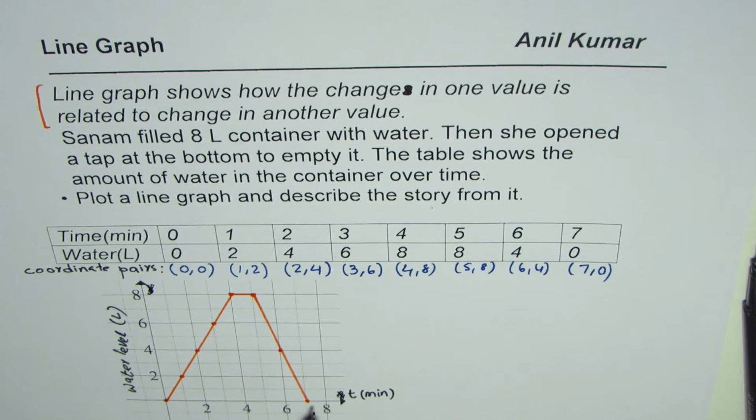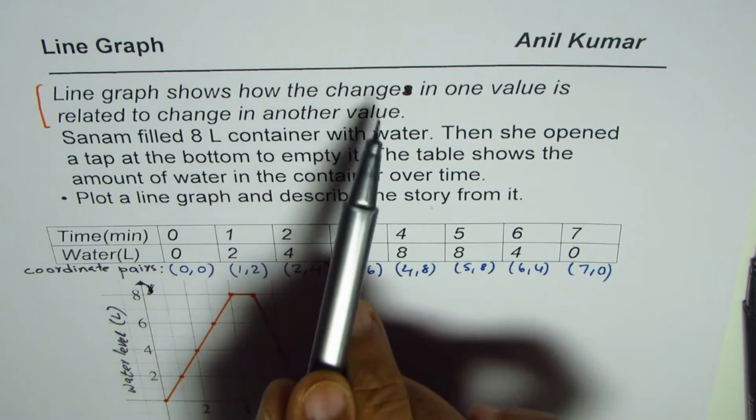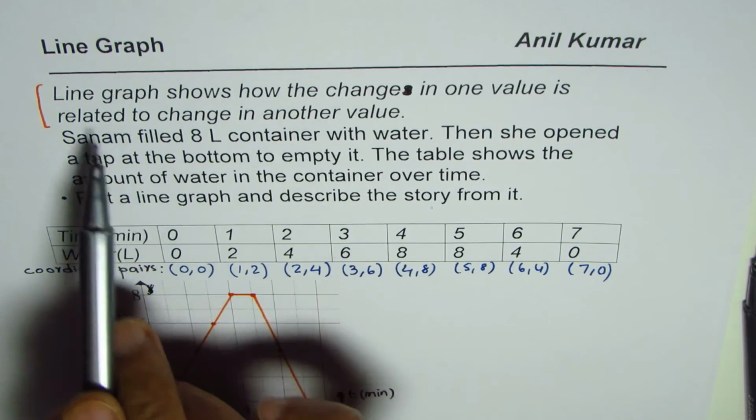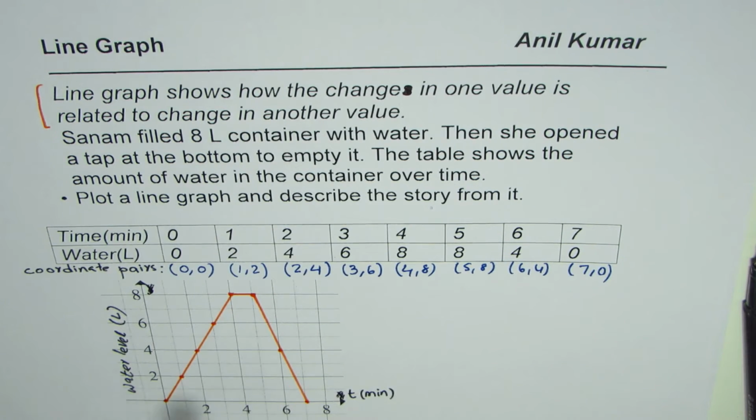As the time moves on, the water level changes. So this graph is water level with respect to time. As you know, a line graph shows how change in one value is related to change in another value. So what is happening with time? The water level is changing. That is how these two things are related.